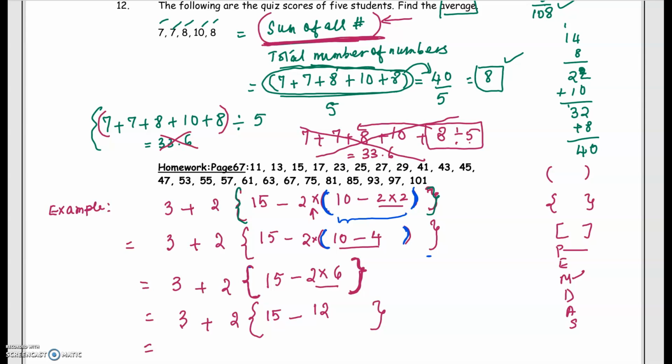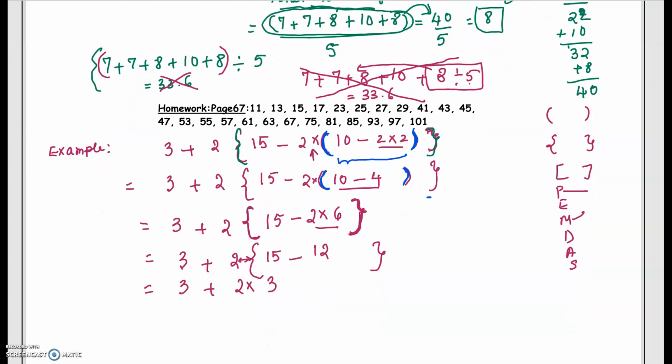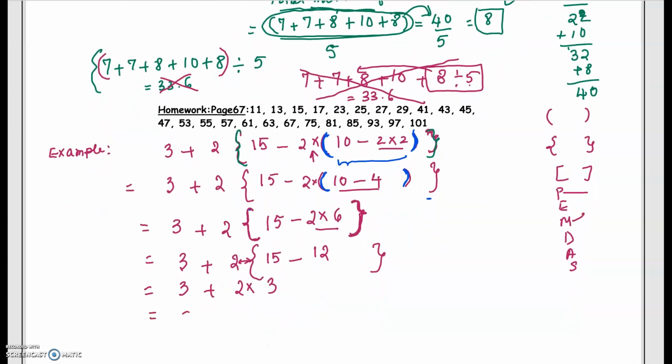Start again, put an equal sign, write down everything. 15 minus 12 is 3. And what's between these two? Same as before, it's multiplication. And now the final step, and that's equal to 3 plus 3 2s are 6, and that's because we multiply before adding.